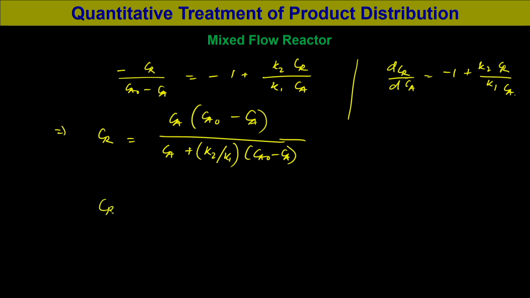So, we can write CR max by CA naught is equal to 1 by 1 plus K2 by K1 to the power half, whole square.